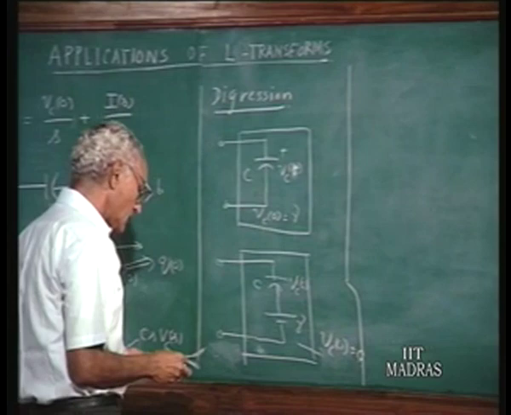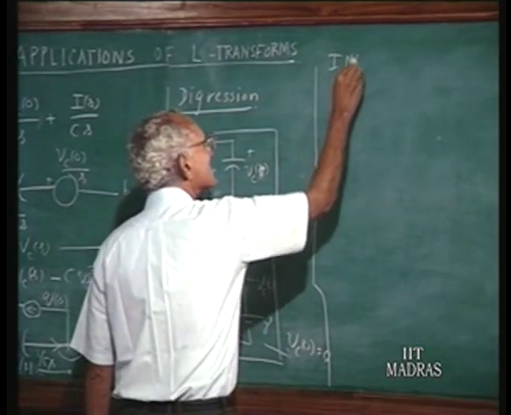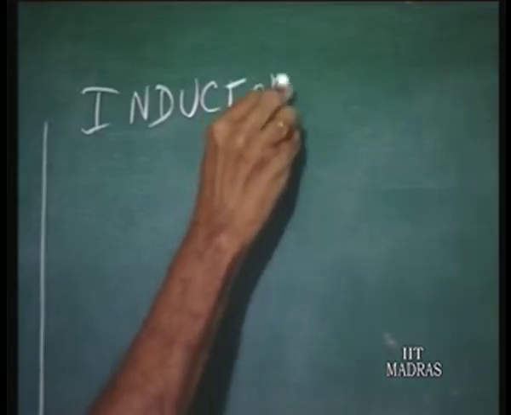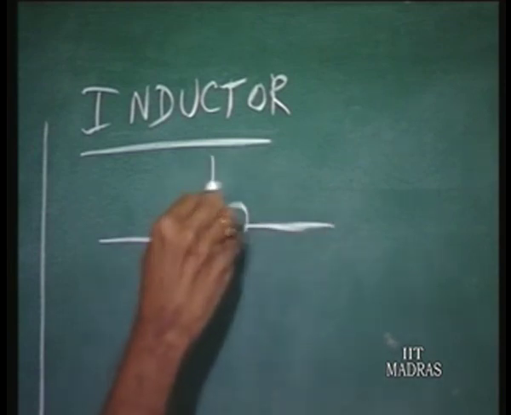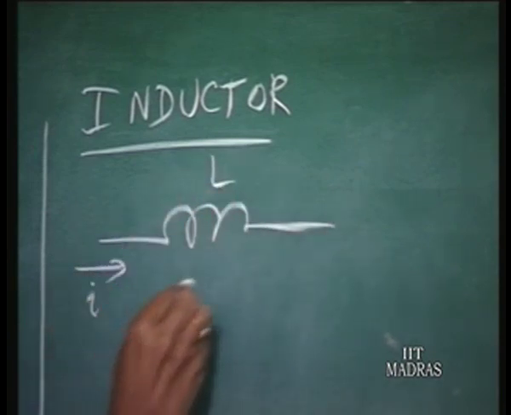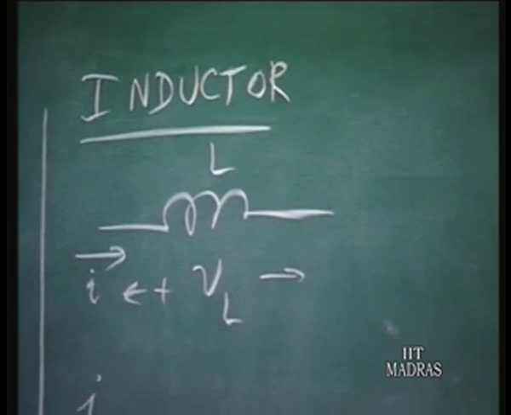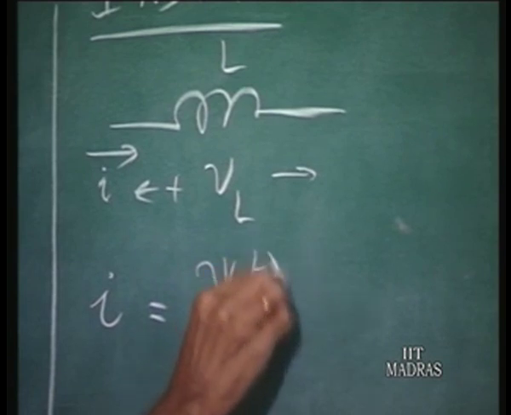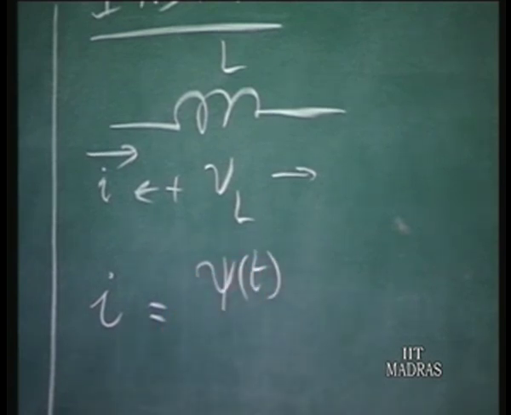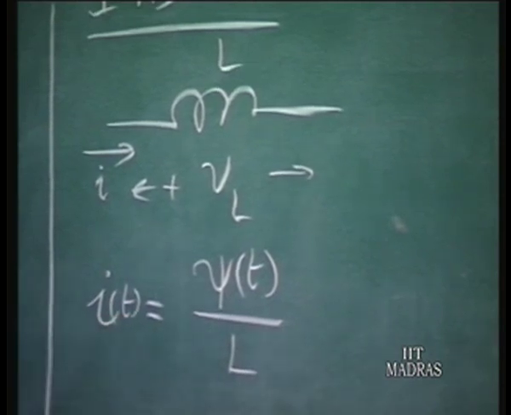Now, let us look at the situation with reference to an inductor. We have an inductor L carrying a current i, and let us say the voltage across this is vL. We know that the current in an inductor equals the flux linkages in the inductor at any point of time divided by L. That is the defining parameter for an inductance.